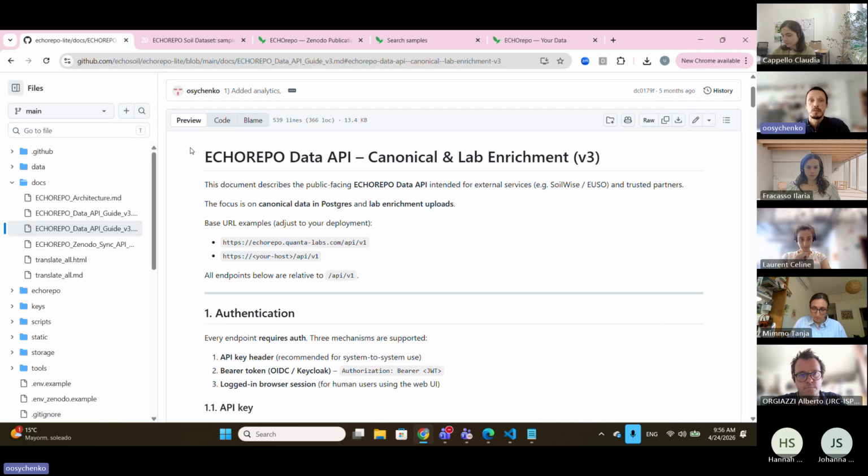So if you need an automatic interaction and connection with ECHOREPO, it has a pretty rich amount of functionality regarding the search and filtering. You might consult our repository and find all the details.